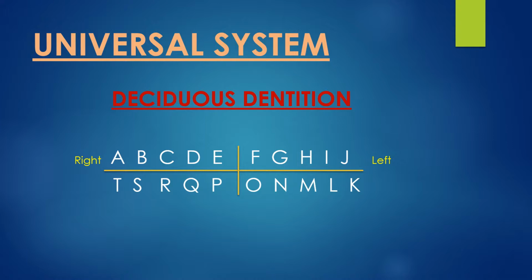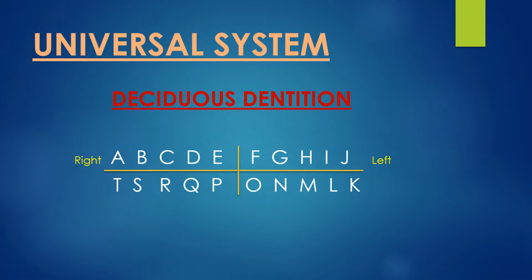Because of limitations and difficulties with keyboard notation with the symbolic notation system, in 1968 the ADA officially recommended the universal numbering system. The universal system of notation for the primary dentition uses uppercase letters for each of the primary teeth.